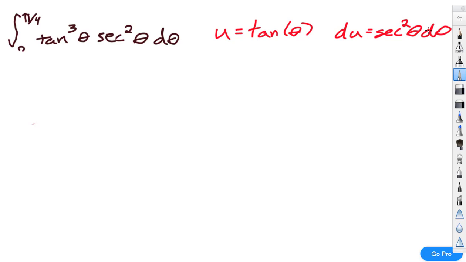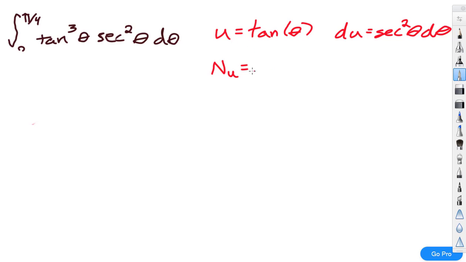theta d theta. Great. So remember that it's not enough to just substitute u in for the function in my d theta. I also want to change my bounds. So my new upper bound is when I plug pi over 4 in for theta.